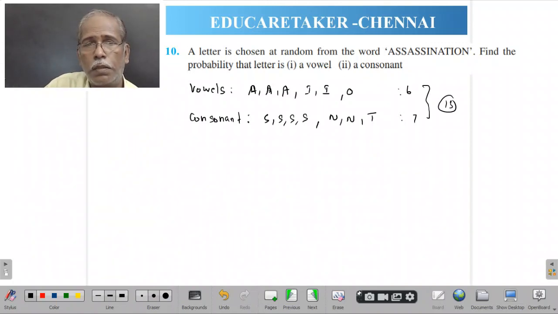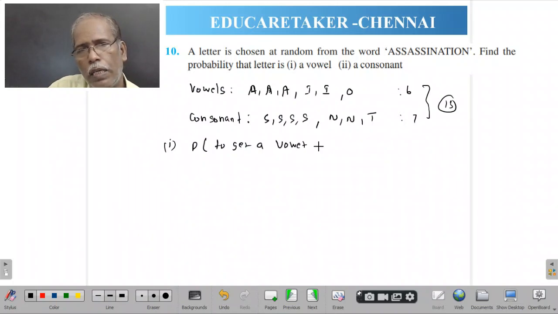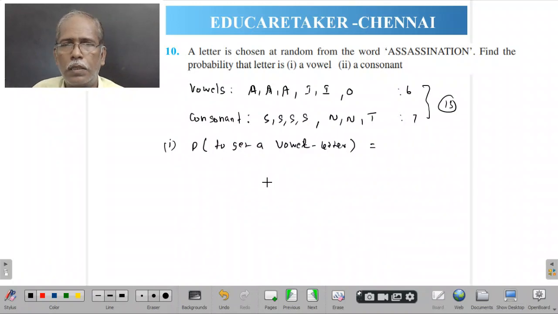The first question: probability to get a vowel letter from the word assassination. How many are favorable to get vowels? 6 out of 13. Clear?